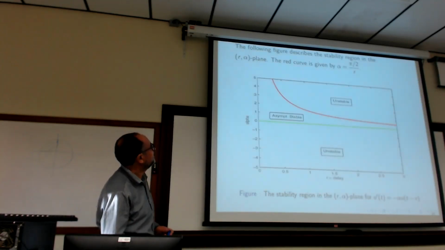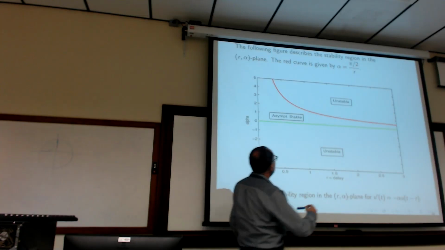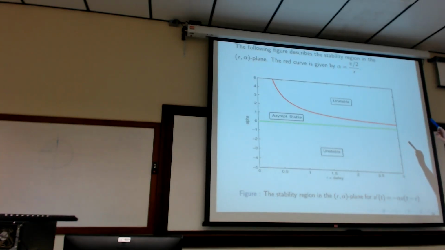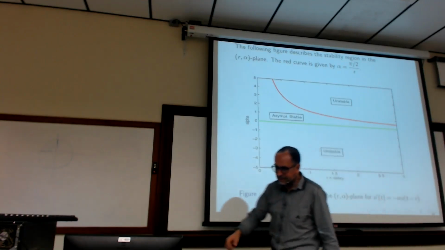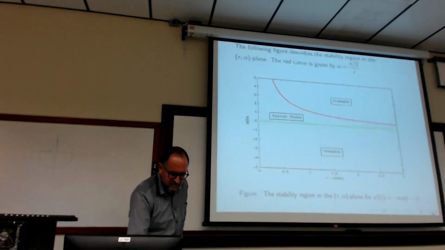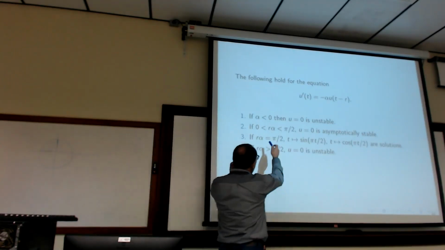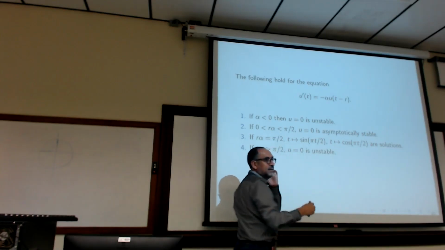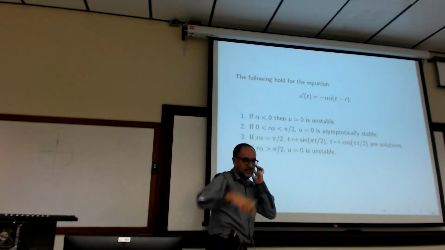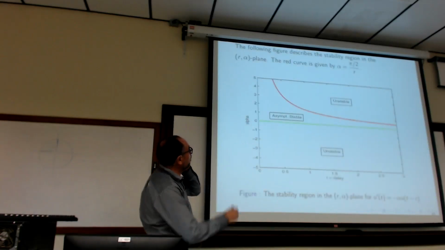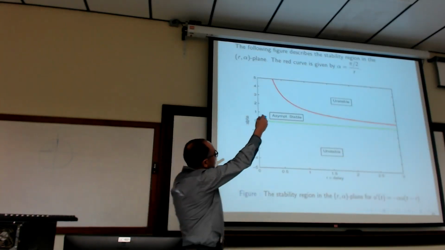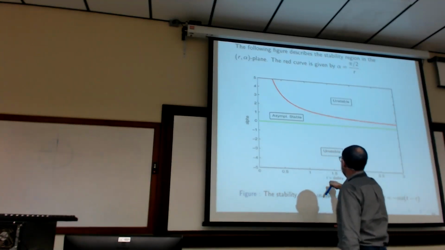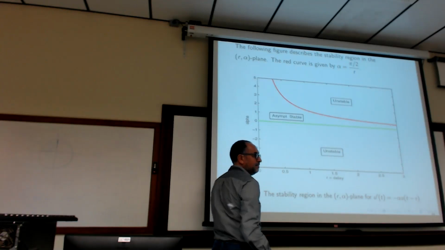This is for this here. The red one is the curve that I come back to. Here we can put alpha less than pi over 2 over r, and you have this hyperbolic curve, which is given by the red one. Alpha equals pi over 2. Here, the axis is the delay, and here the parameter alpha.